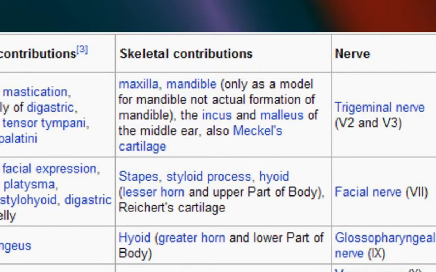Meckel's cartilage, most of it will resorb, and a small part of it will transform into the malleus, one of the three ossicles of the middle ear. Same thing for the pterygopalatoquadrate cartilage of the maxillary process. Most of it will resorb, and a small part of it will transform into the incus.